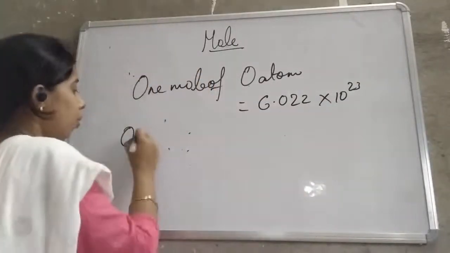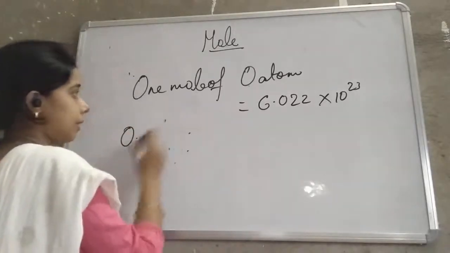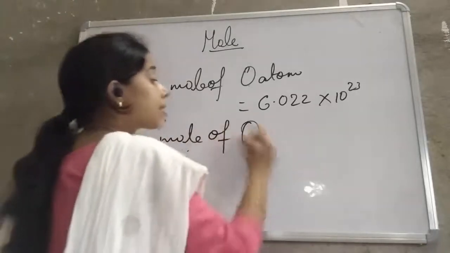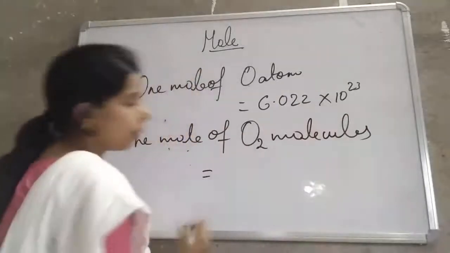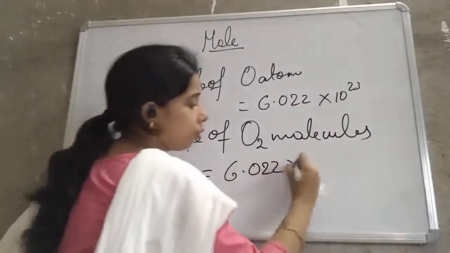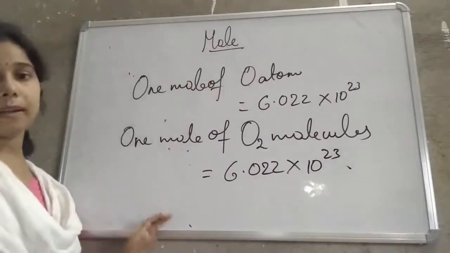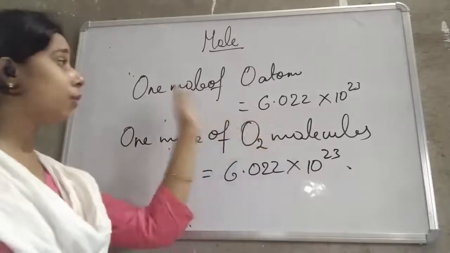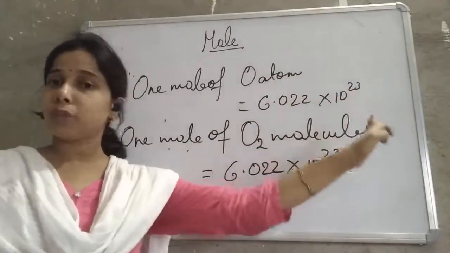And 1 mole of oxygen molecules will also equal 6.022 × 10^23. So whether we talk about the number of particles in oxygen atoms, that equals 6.022 × 10^23.